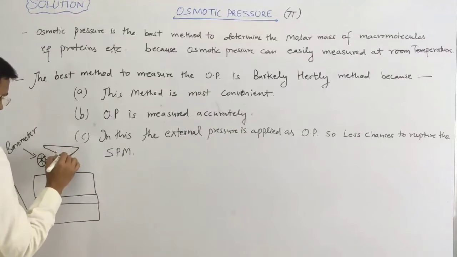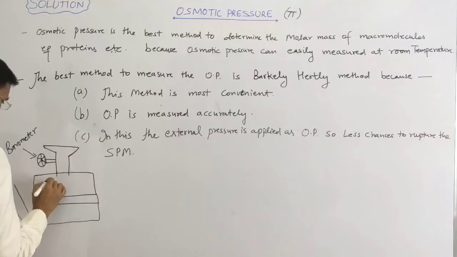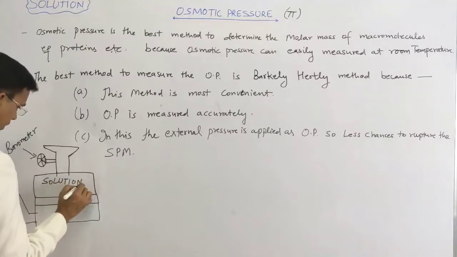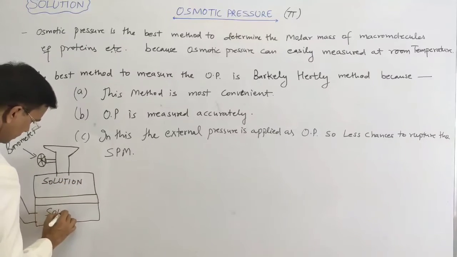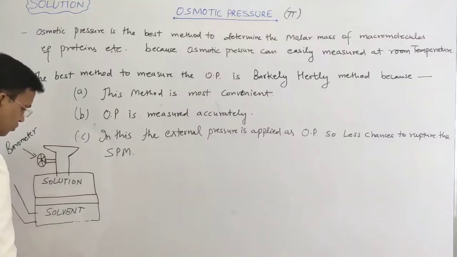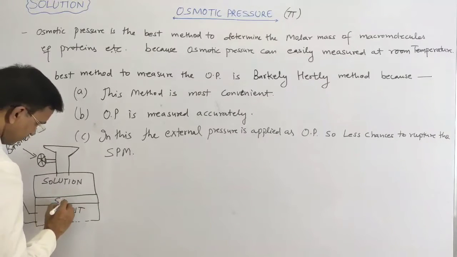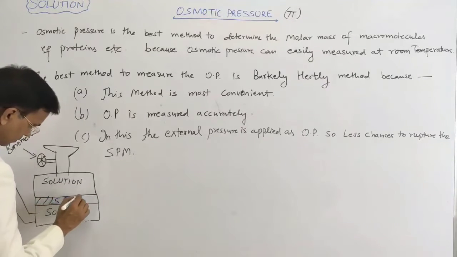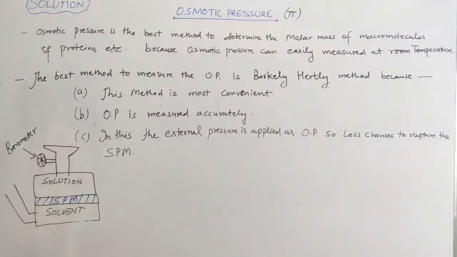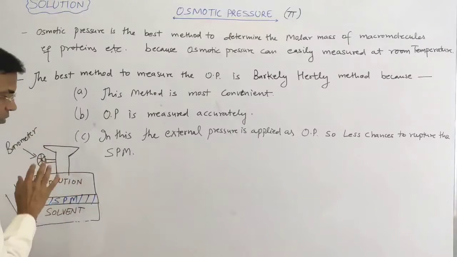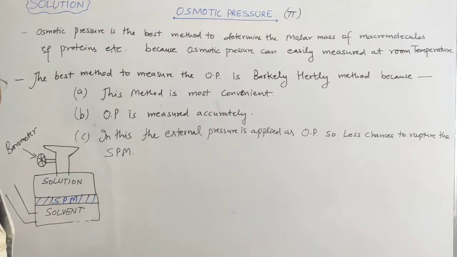And here is the solution, and this is the solvent, and these two are separated through the SPM. In between it is the SPM, right? So here external pressure is used to stop the osmosis, and easily osmotic pressure can be measured, right?